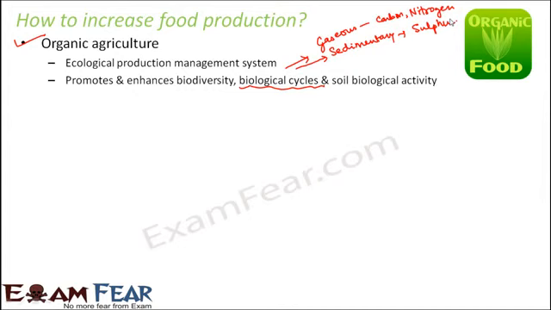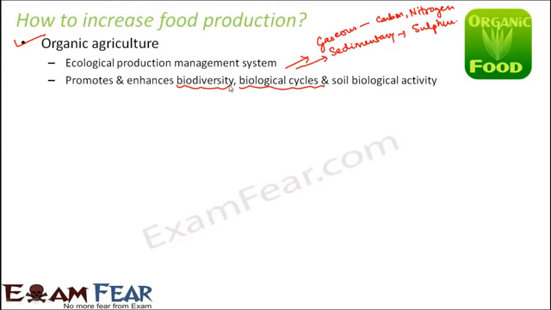The next thing is biodiversity. What is biodiversity? Biodiversity means bio means life, diversity means variety. So organic agriculture can also promote a variety of life forms. Now you would have seen that when too many fertilizers or pesticides are being used, what happens is when you want to grow a particular type of plant, you just grow that plant and you put fertilizers to enhance its growth.